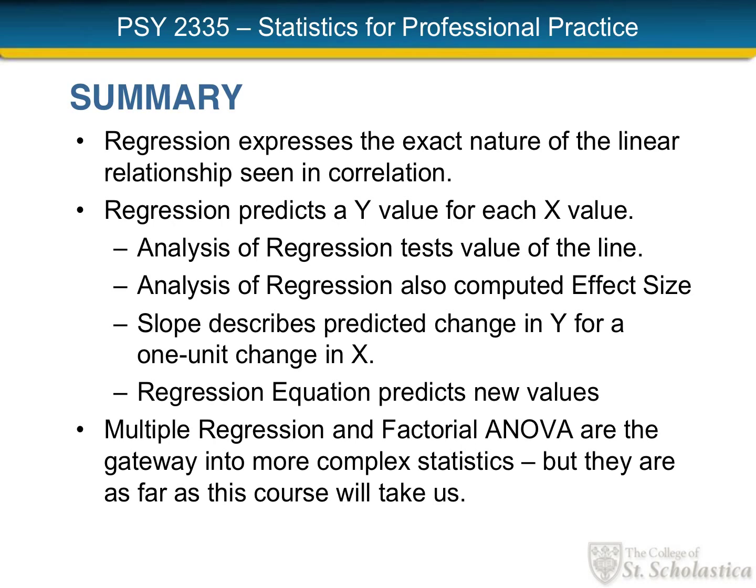The slope that's describing the predicted change in y for a 1-unit change in x lets us understand how the two are related, and the regression equation itself predicts the new values. We saw that multiple regression and factorial ANOVA are both a gateway into more complex statistics, but they are beyond where we will go in this first course in statistics.